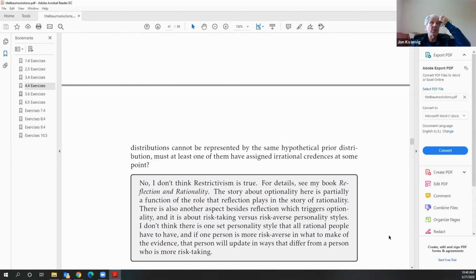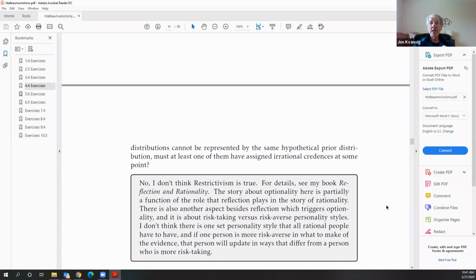So here's the answer given the kind of work that I do. I don't think restrictivism is true. There are details of my view in my book, Reflection and Rationality. Briefly, the story is this. The story about optionality here is partially a function of the role that reflection plays in the story of rationality. But there's another aspect besides reflection which triggers optionality, and that's about risk-taking people versus risk-averse personality styles.